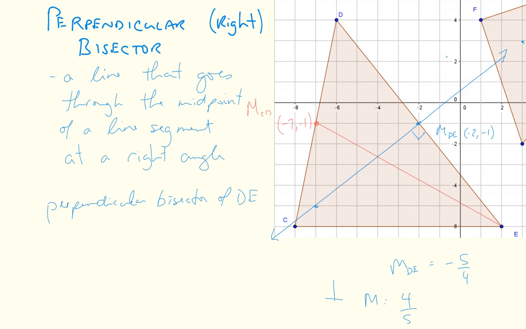You'll notice it doesn't necessarily go through any other points. It misses this vertex. It doesn't have to go anywhere near it actually, as long as it does the things that it's supposed to do: through the midpoint, perpendicular. I would point out as well that the perpendicular bisector is not a line segment, it's a line, so it goes entirely through the triangle and does not stop.